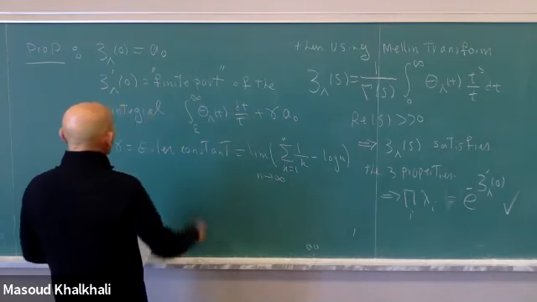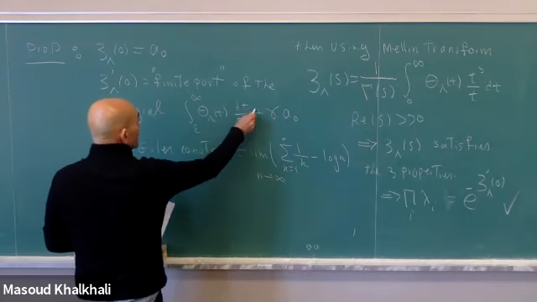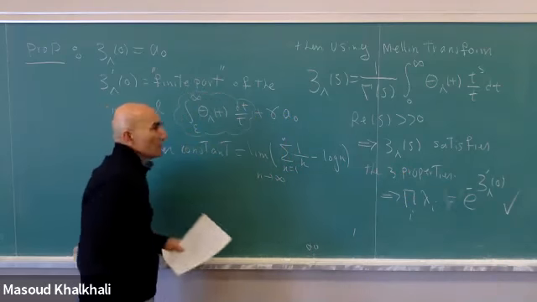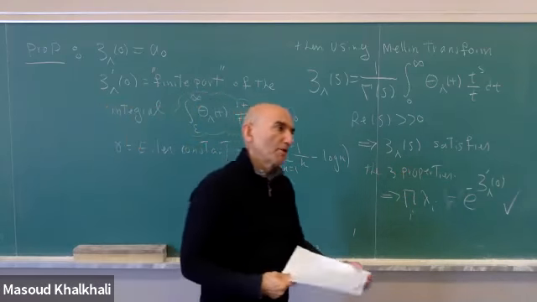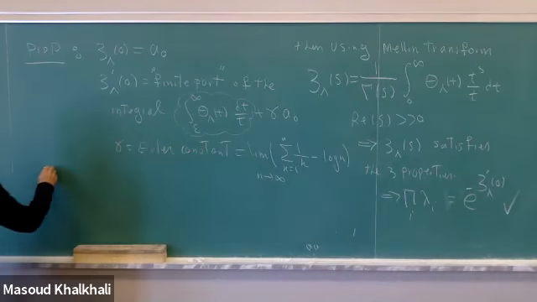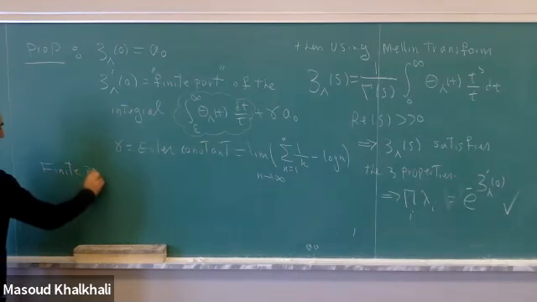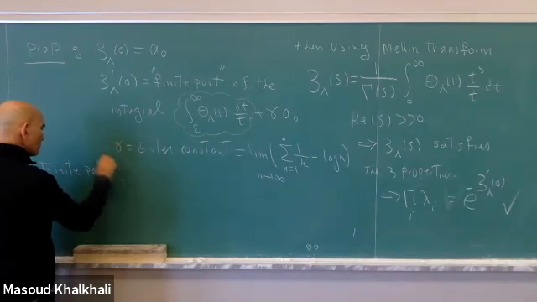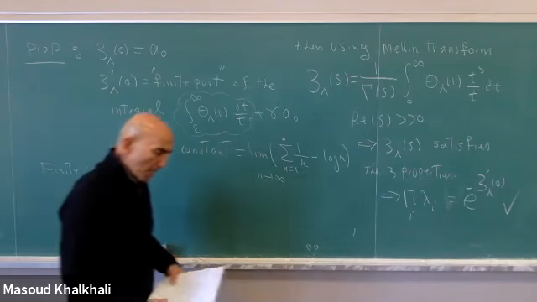Okay, so now the only thing I have to define is what this finite part is. This finite part is also a regularization. It's due to Hadamard. So what does finite part mean?